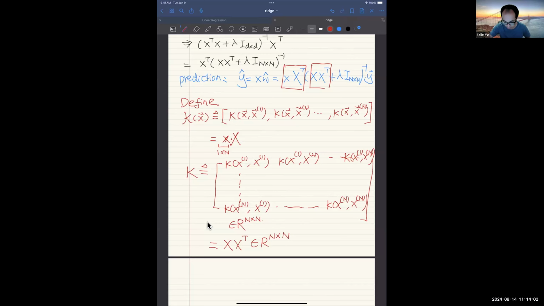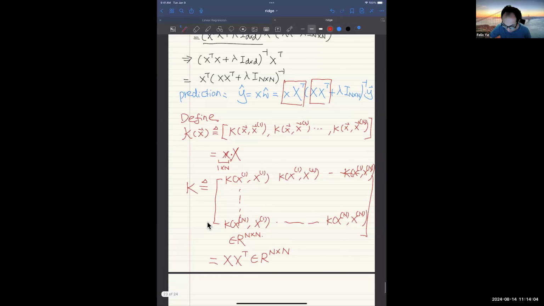I think I made a mistake. It's transpose here. So this is d by n.